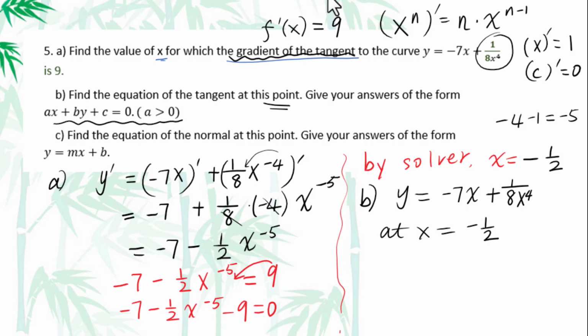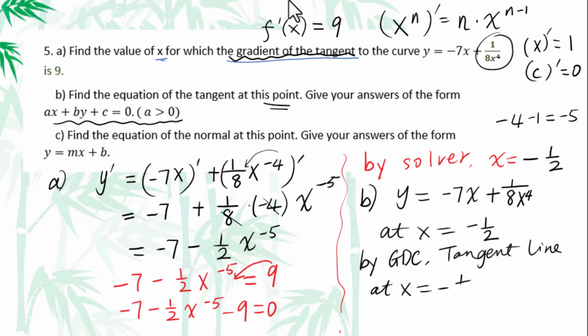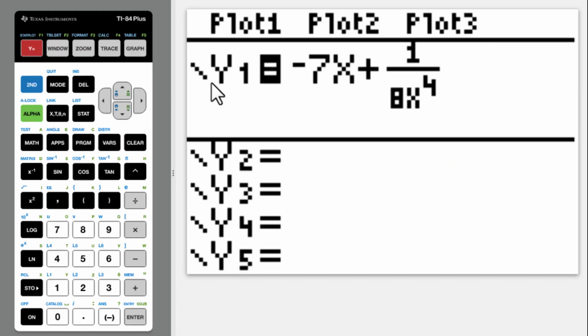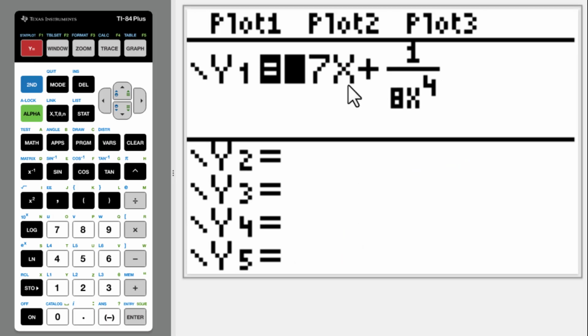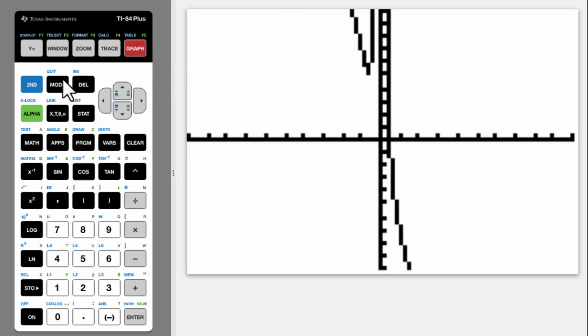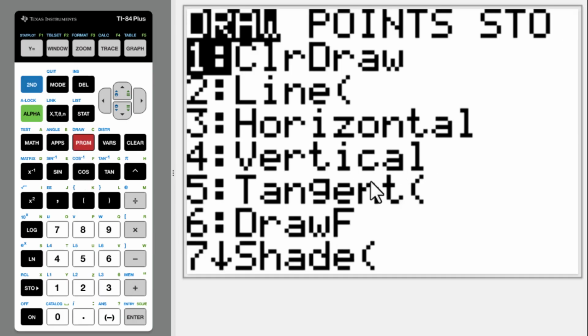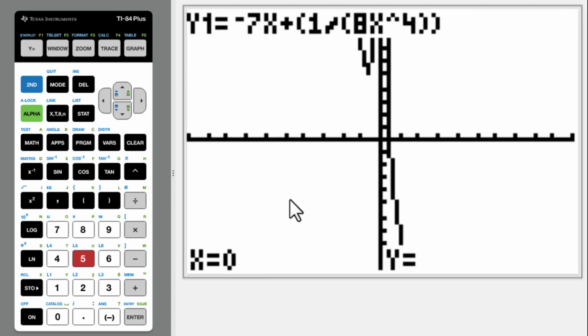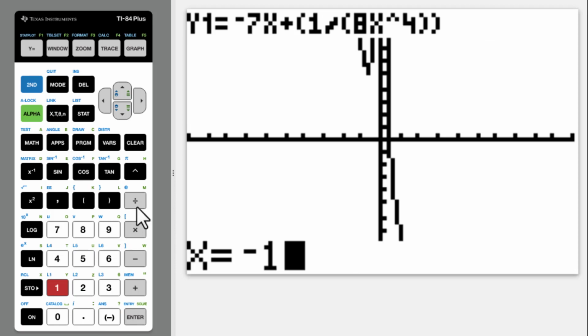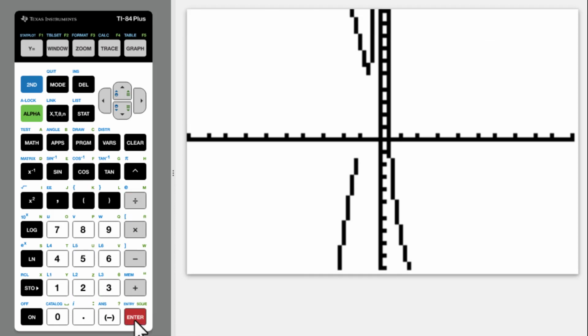The calculator can work out the equation of a tangent line. We put a function into y1, then graph. Second program, press 5 for tangent line. X equals -1 divided by 2. Enter.